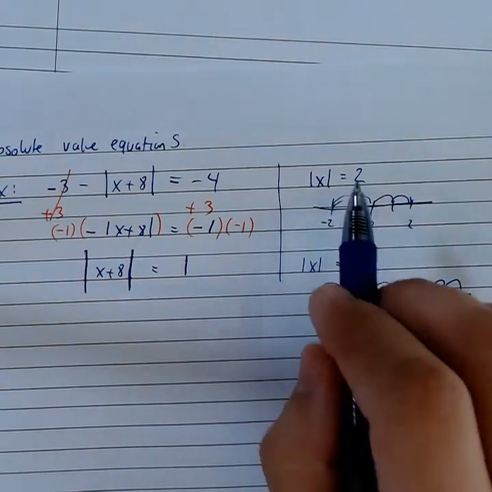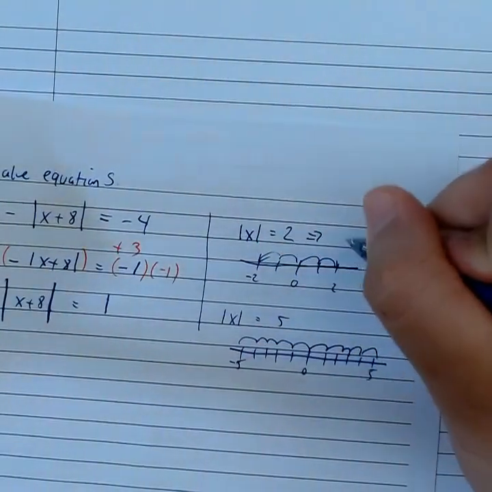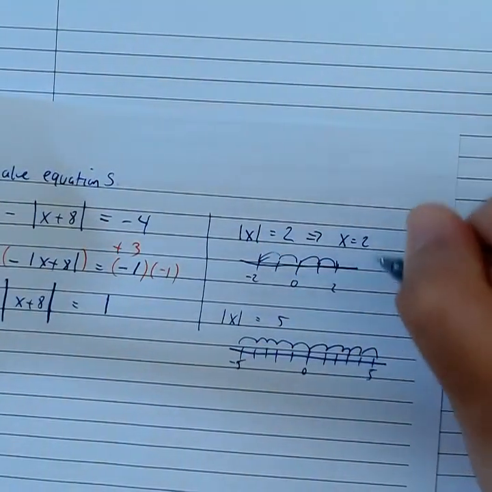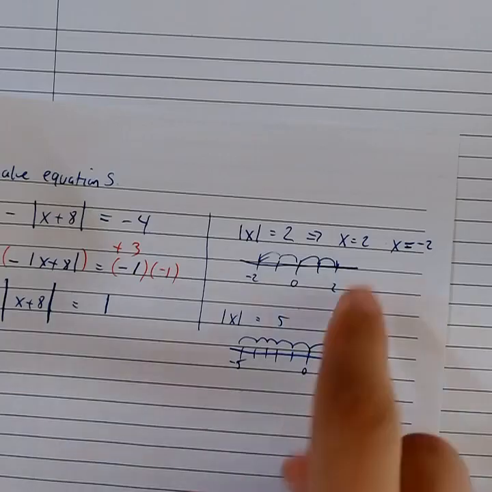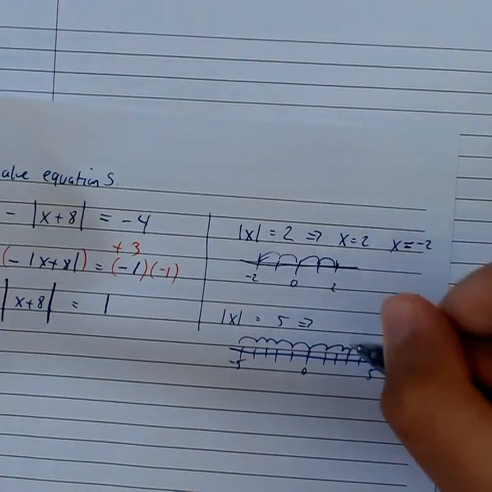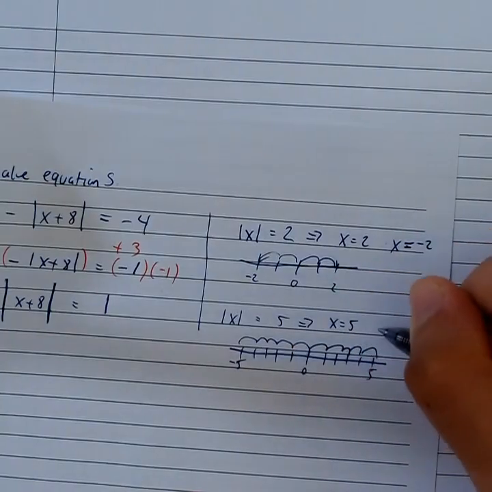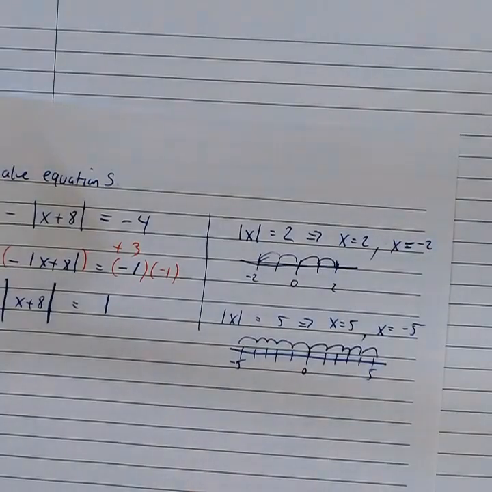If I say absolute value of x is equal to 2, that means x is equal to 2 and x is equal to negative 2. I shouldn't say or, I should say and. Right? Both of these numbers work. Here, x is equal to 5, but also x is equal to negative 5. These are both valid solutions.